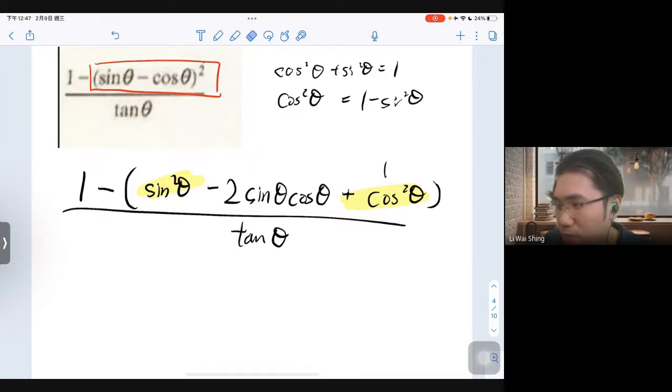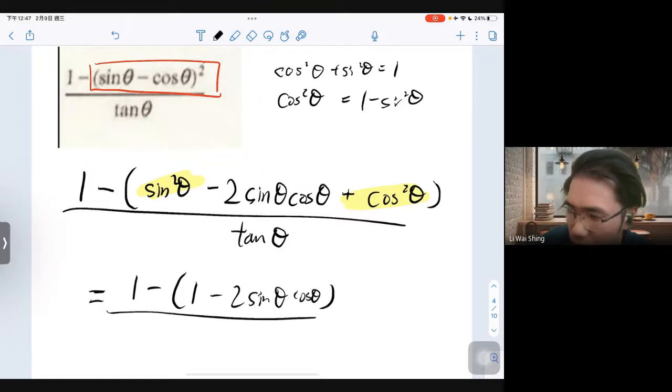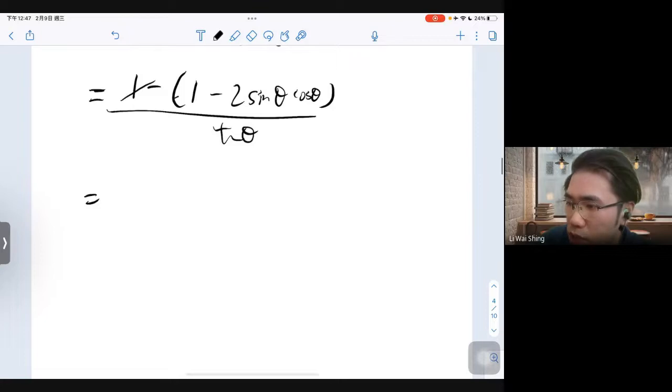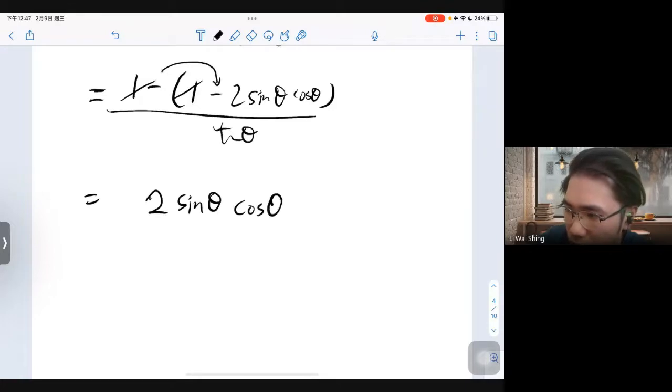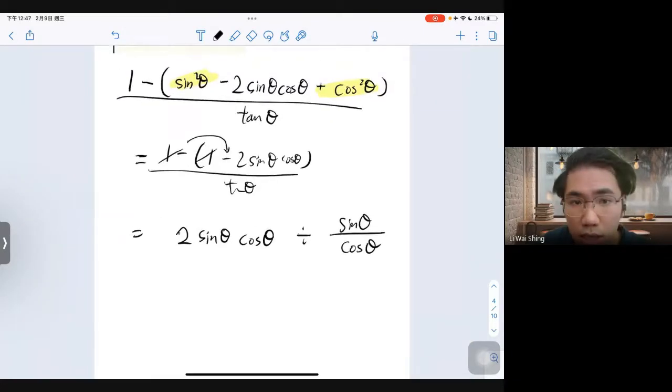Okay? 唔好搞啲咁嘅嘢啦。Sine square plus cosine square is equal to 1, minus 2 sine theta cosine theta over tangent theta. So 1 minus 1 is 0. Minus minus becomes positive. So you have 2 sine theta cosine theta divided by tangent theta, divided by sine theta over cosine theta. Yes? Any question?